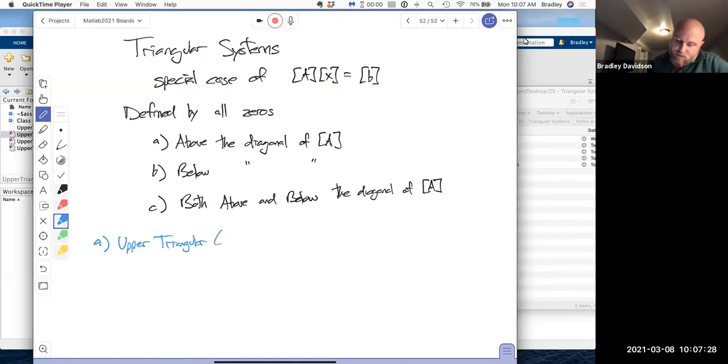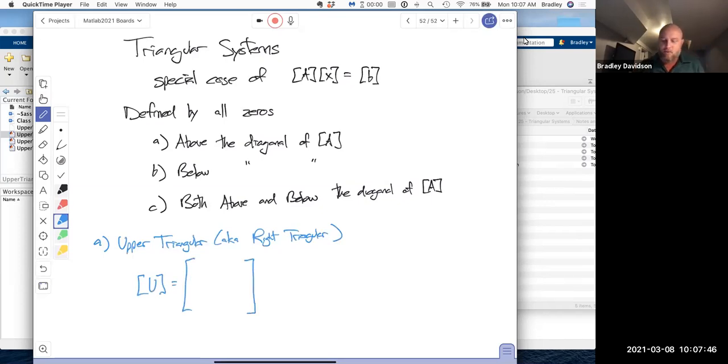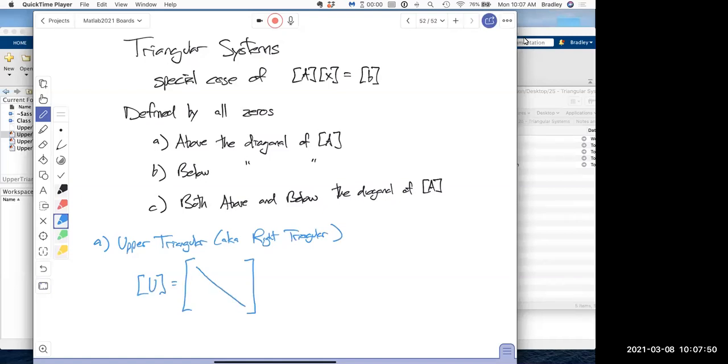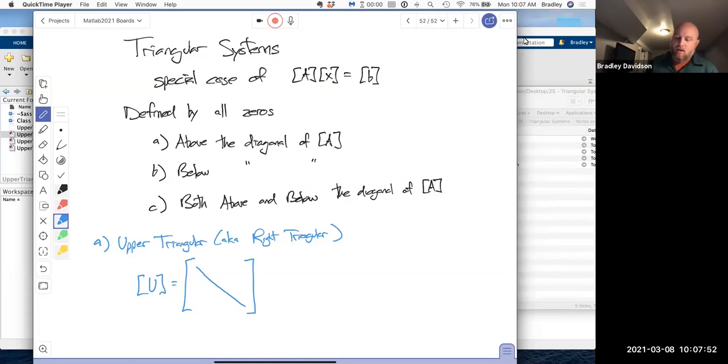It's also known as a right triangular matrix or system, and we'll say that's U. What this looks like is that you have terms on the diagonal itself, so there are coefficients there in our system. And then we have numbers in that upper right-hand portion, and then all zeros.